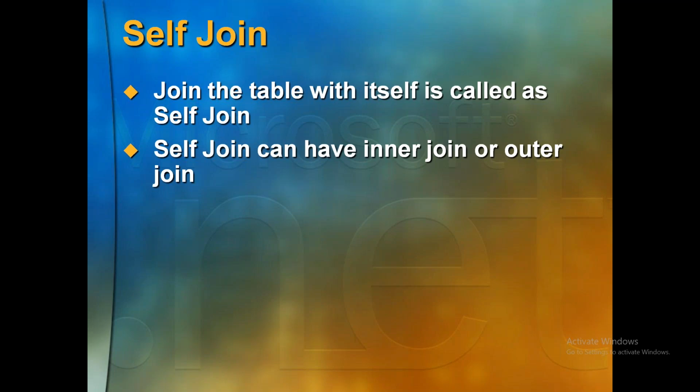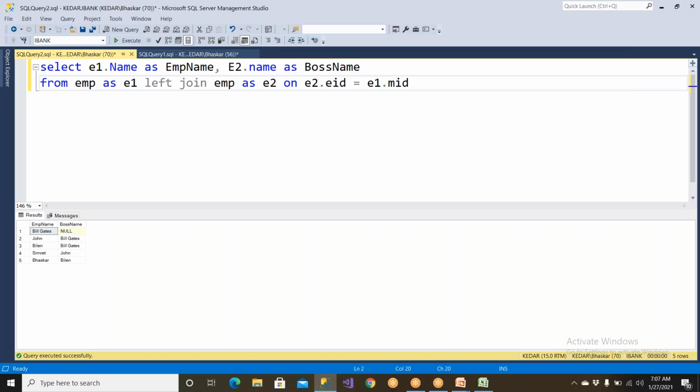And this is one best example where we can get the data like this. Clear? Employee as E1, left join employee as E2. If you don't say left, if you say join, this is inner join. Only matching data will come, or you can also say inner join. Clear?